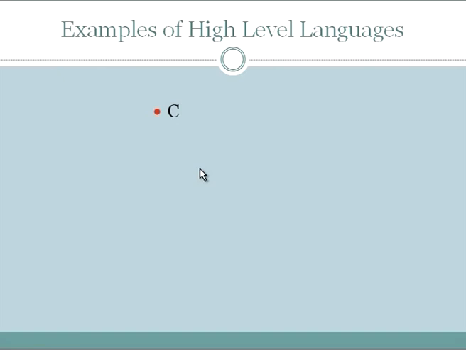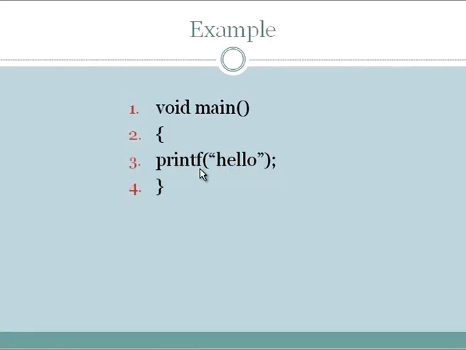Examples of the high level languages. Language C is considered a high level language. C++ is another example of the high level languages. Similarly, Java and Visual Basic are all examples of the high level languages. This slide shows a simple program written in the language C, and this program is aimed to display the message hello on the computer screen.